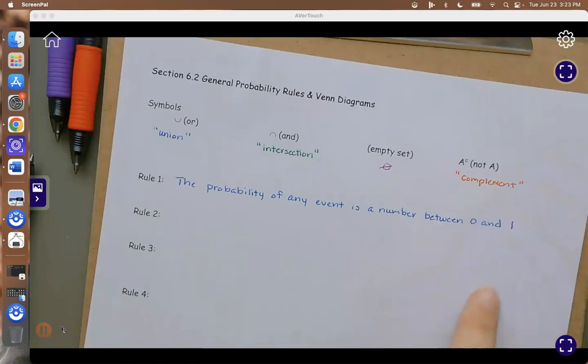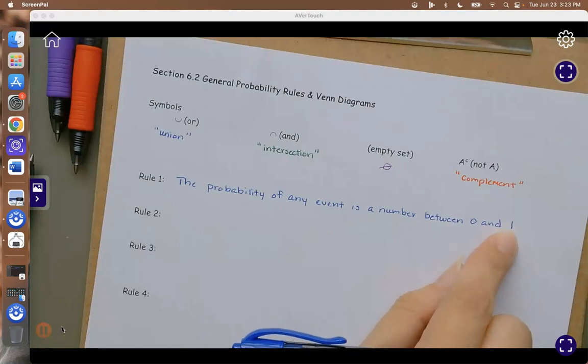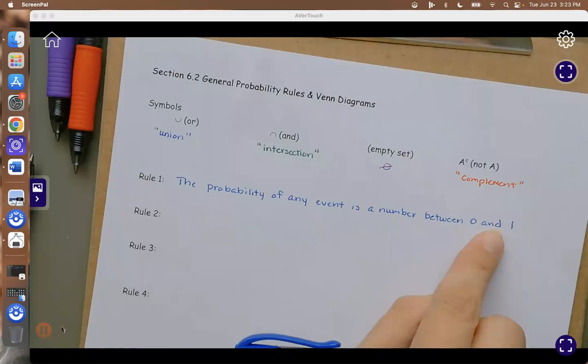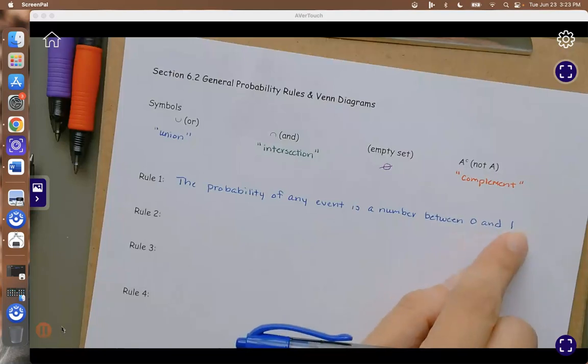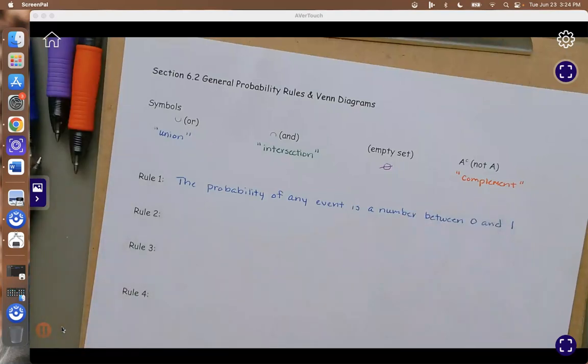So if it's definitely going to happen, that's a 1. It's kind of like doing percentages, like 100%, but in decimal form. So if it's 50% chance, that's 0.50. So 100%, when you move it 2 decimal places, will be a 1. So it's just like doing percentages, but in decimal form. Okay?